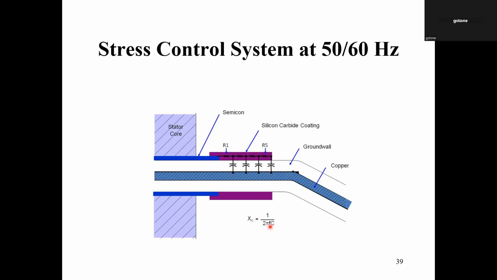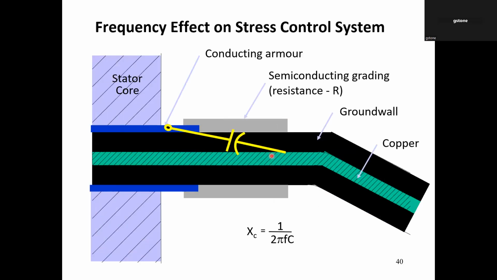But what happens when we go from 50 hertz up to 1 megahertz? Well, now you've got 100,000 times higher frequency, and you're going to be pushing a lot more current through there. And in fact, the current doesn't want to go through that high resistance path in that silicon carbide.